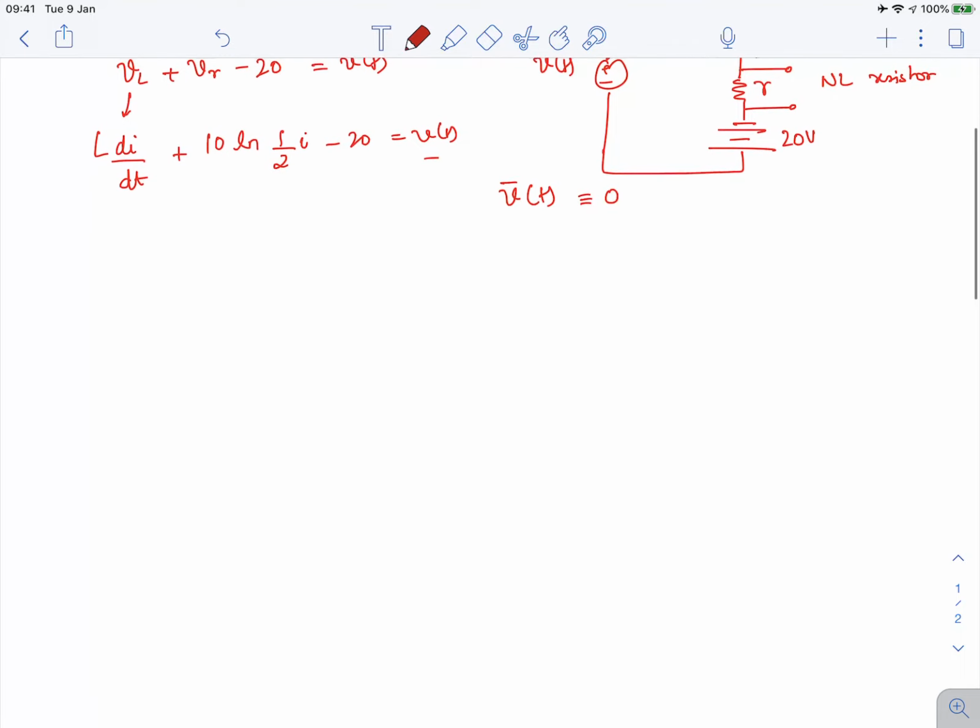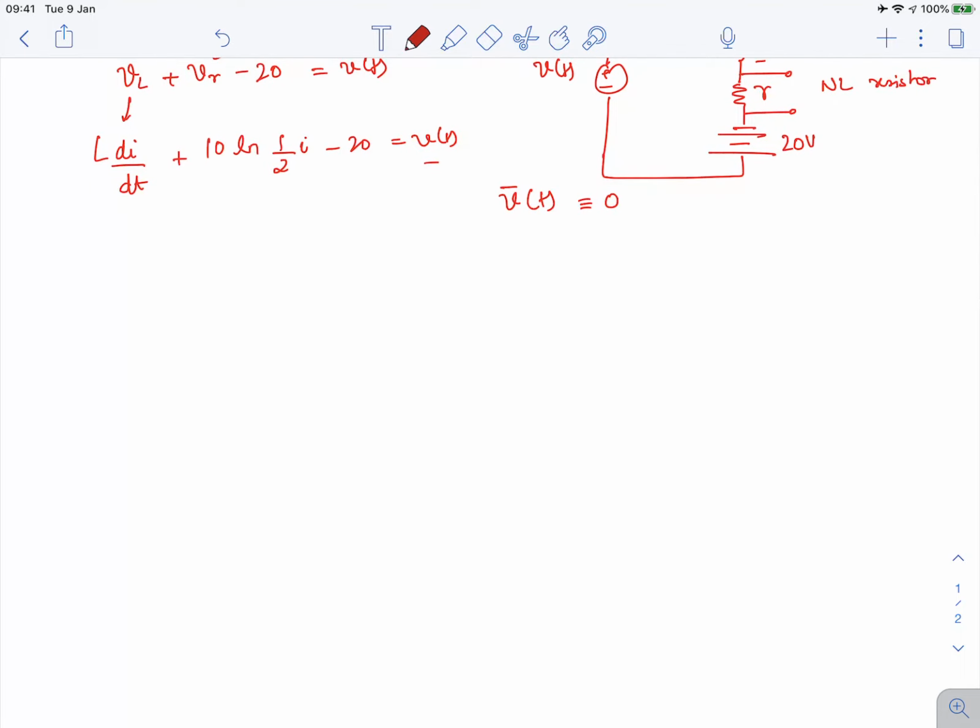Now we will obtain the steady state current around this v bar. Around this v bar, the circuit consists of a 20-volt battery in series with the inductor and the nonlinear resistor. In the steady state, the voltage across the inductor would be 0, since the derivative of the current is 0 at the steady state.